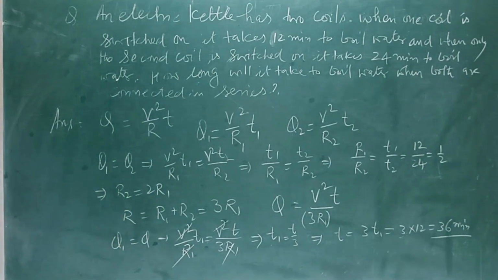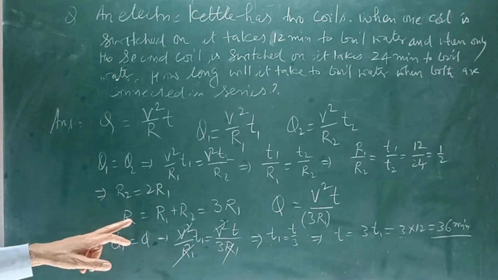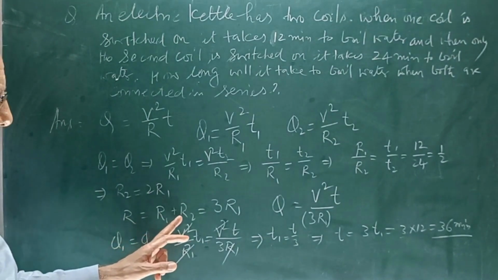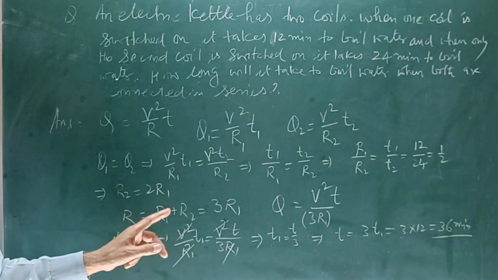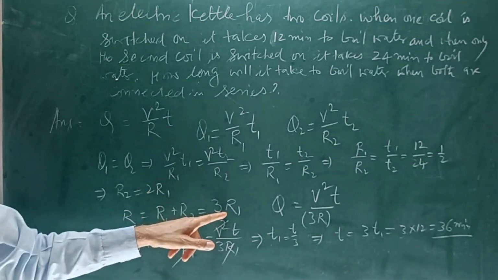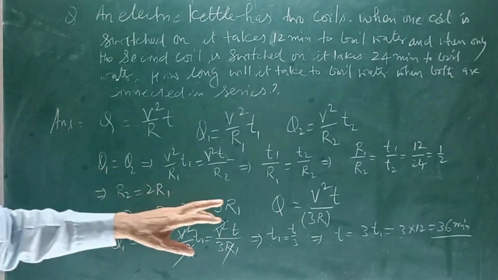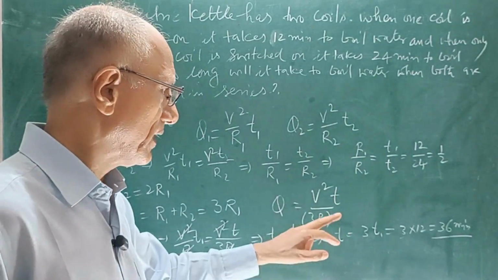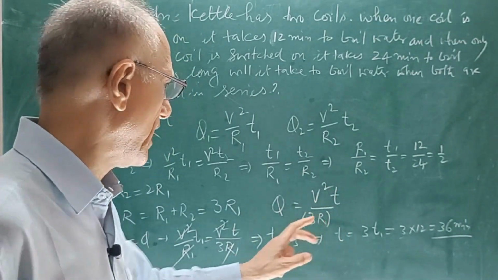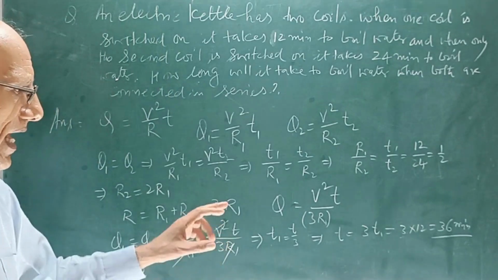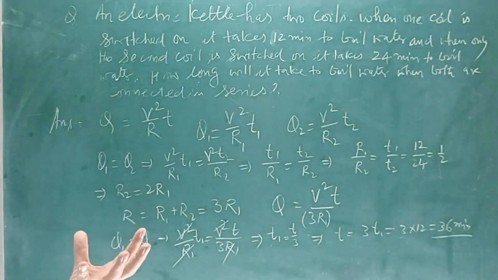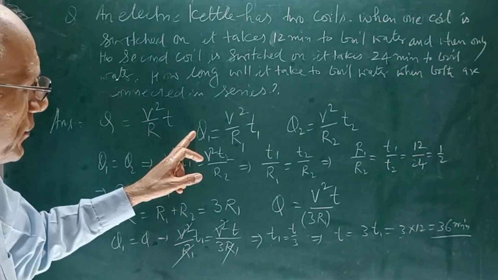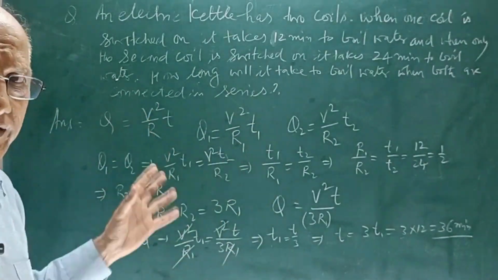Now when they are connected in series, R equals R1 plus R2. R2 is 2R1, so R1 plus 2R1 is 3R1. And the heat generated will be V square into T upon the resistance, that is 3R1. Again, the same water is being boiled, so Q1, Q2 and Q are all the same.